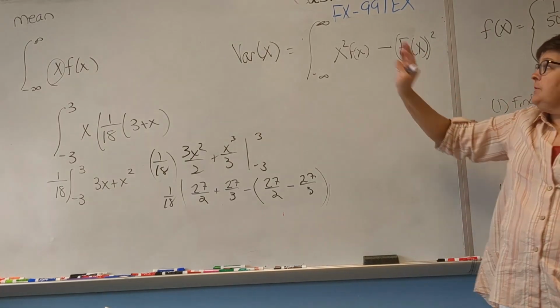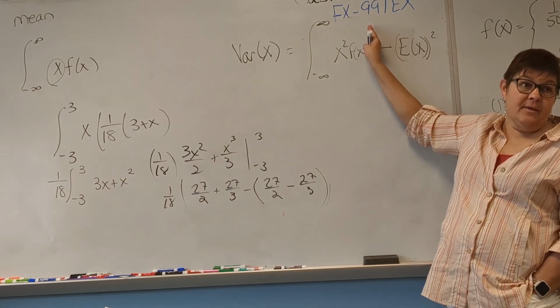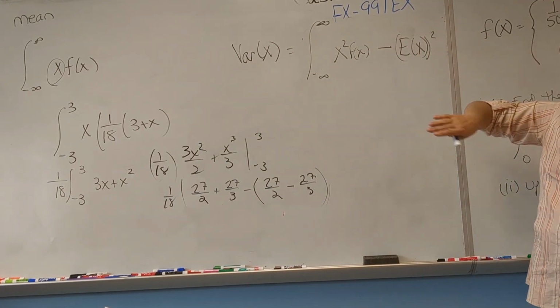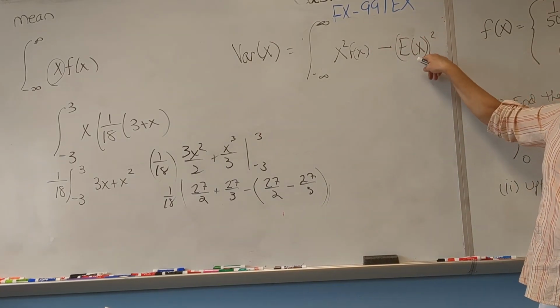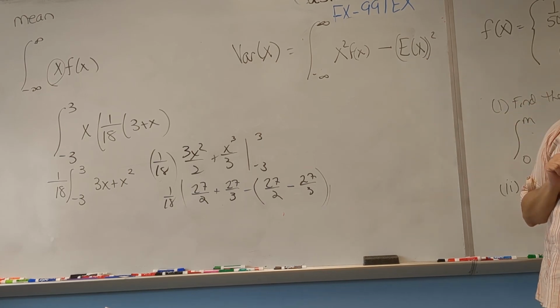So you do the integral of x squared times f of x, find that answer, and then subtract the mean squared. Makes sense, because it's E of x squared minus E of x, squared. It's just the other equation for variance. That's all it is.